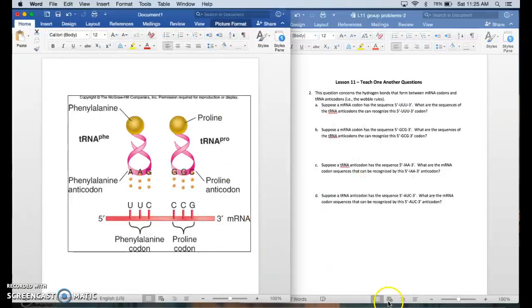Just for review, I won't go into too much detail for time: translation is when we translate the language of nucleotides, or nucleic acids, into the language of amino acids.